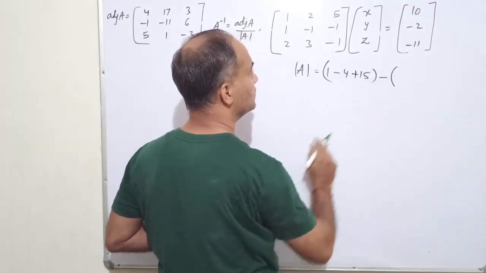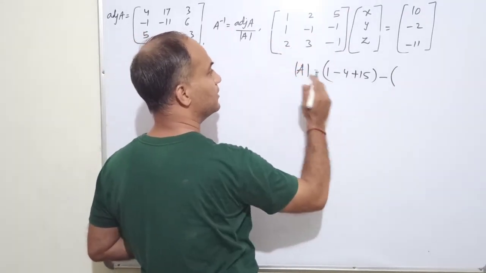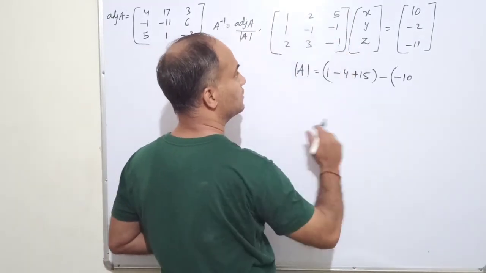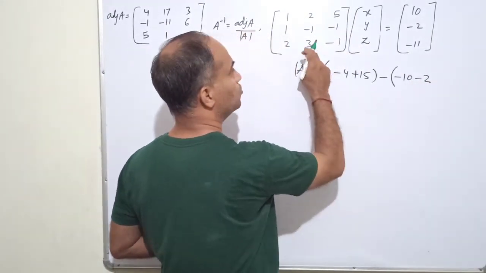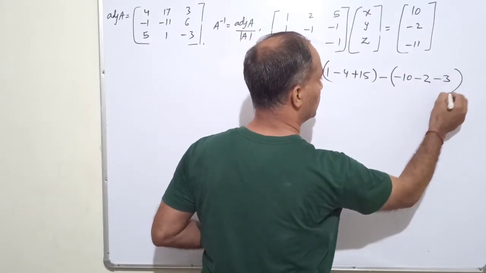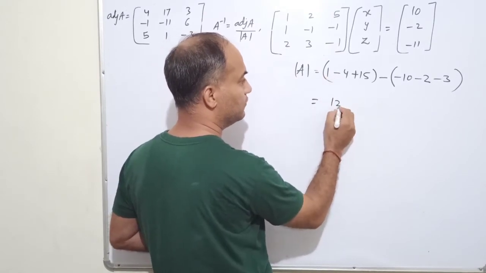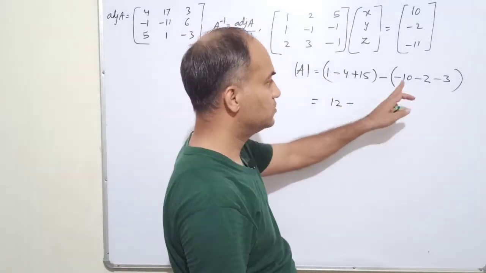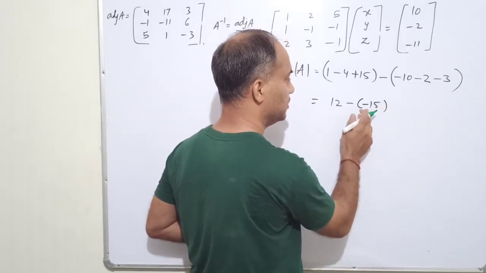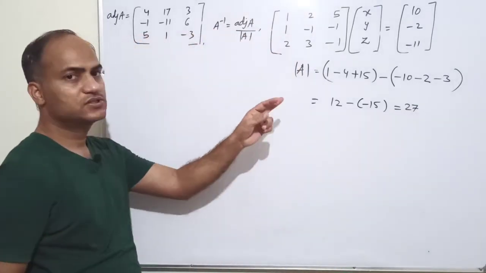Minus the product of these three values, this is minus 10, 2 and minus 1, so this is minus 2, 3, this minus 3 and 1. So here we get 15 plus 1, 16, minus 4, 12, and this becomes 5, and this 15. So this is 27. Determinant A is 27.